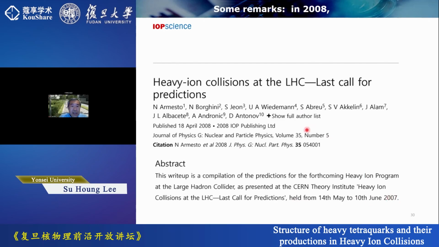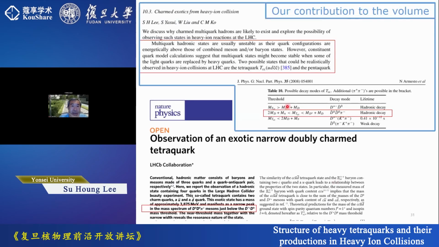I also went there and gave a contribution, and in fact I have a contribution in that journal, on charmed exotics from heavy ion collisions. I already discussed these kinds of things then, and I even discussed that it would be interesting to measure TCC. And as you know, TCC was indeed observed later, recently, last year.